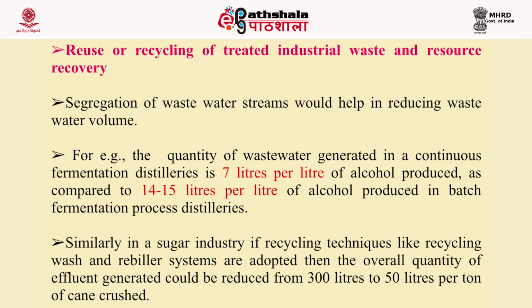Similarly, in a sugar industry, if recycling techniques like recycling wash and reboiler systems are adopted, then the overall quantity of effluent generated could be reduced from 300 liters to 50 liters per ton of cane crushed.